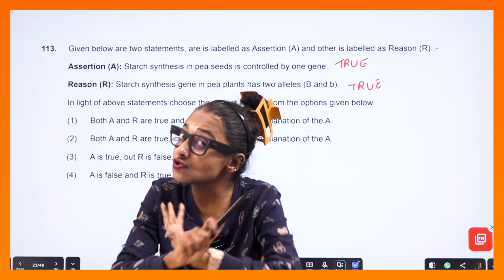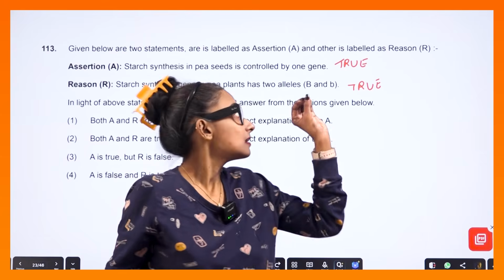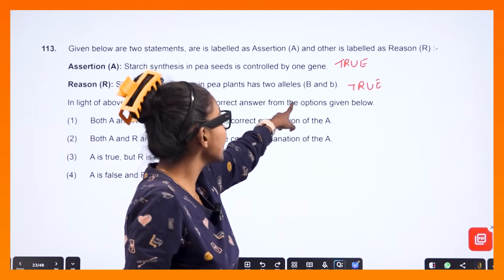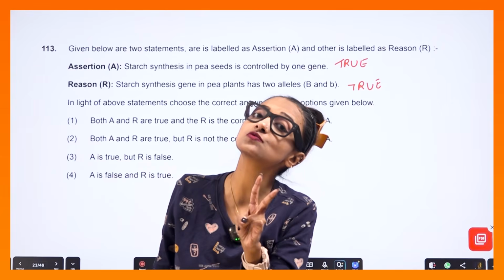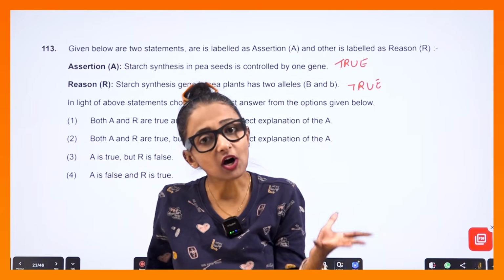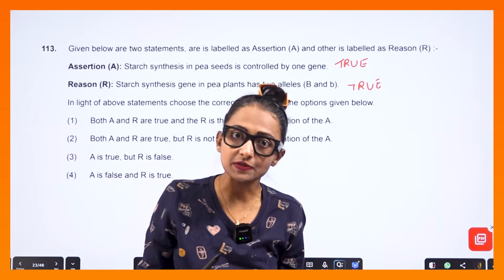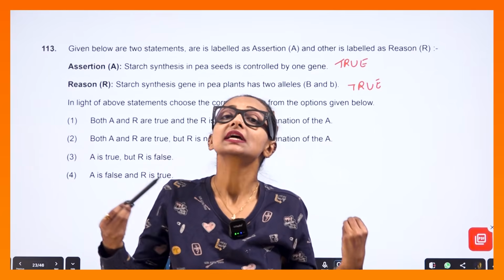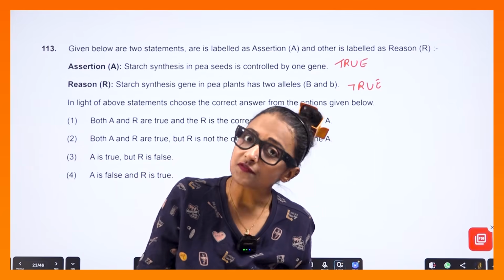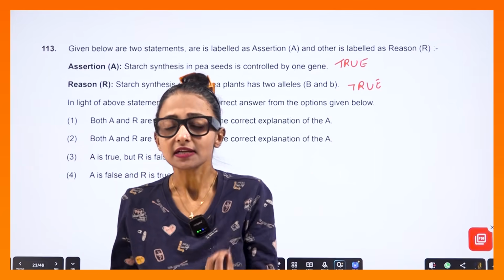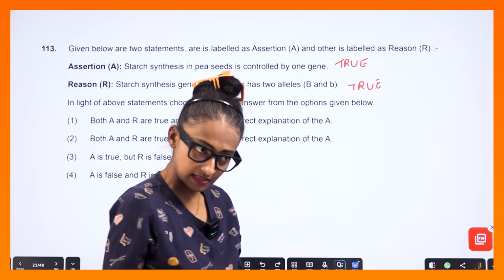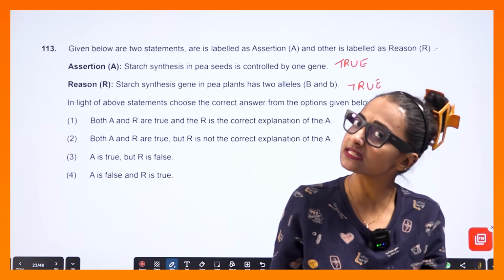No. The enzyme and protein which is produced is sufficient for starch synthesis to happen. That's why it is controlled by a single gene.